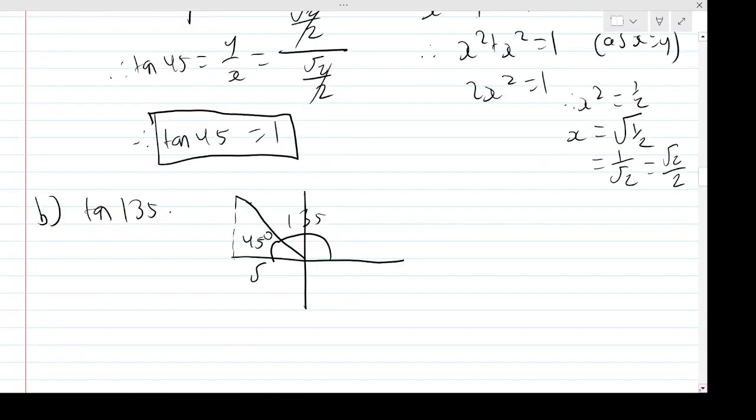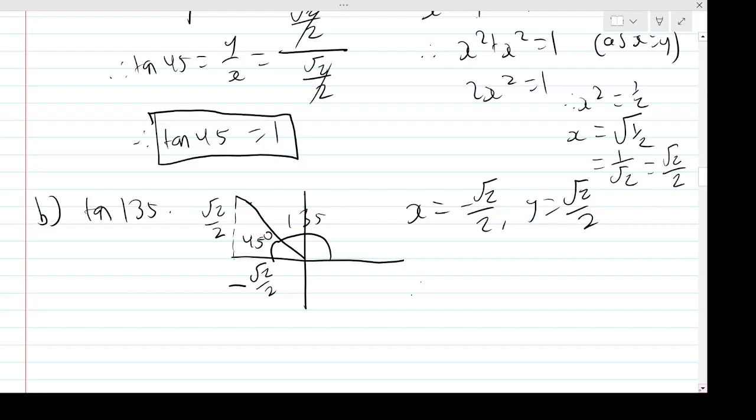So this would be root 2 over 2 on the x-axis, but it would be negative because we're on the negative x-axis. Likewise, this y part up here would also be root 2 over 2. So the x-coordinate's minus root 2 over 2, and the y-coordinate's positive root 2 over 2.